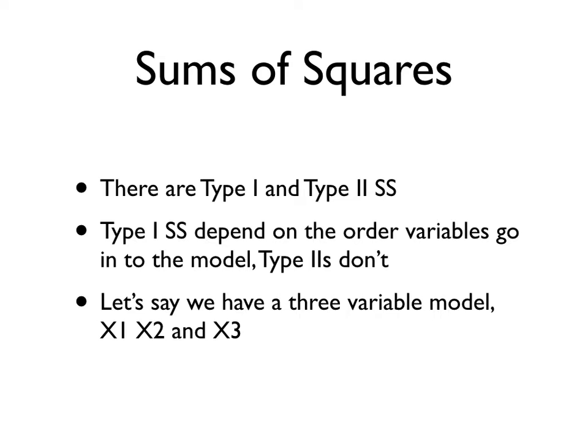So let's say we have a 3-variable model, x1, x2, and x3. And again, there's also an intercept, and there's also residual, and y equals some combination of those. Type 1 sums of squares depend on the order they go in. Type 2s don't.